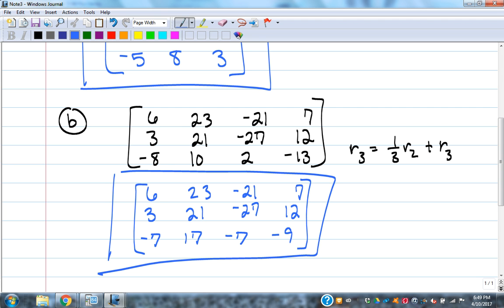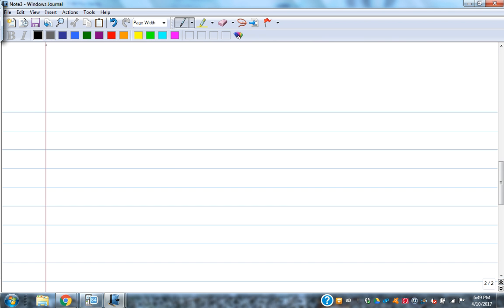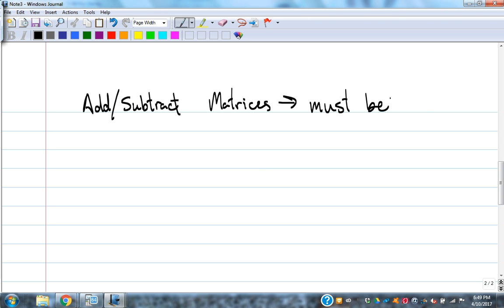All right, let's look at some operations with matrices. So the first operation is we always do the easy stuff first. Add or subtract. To add or subtract matrices, they must be the same size.